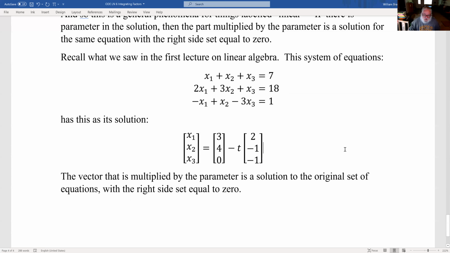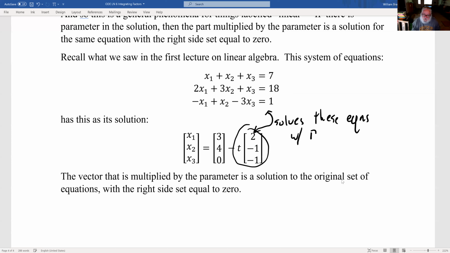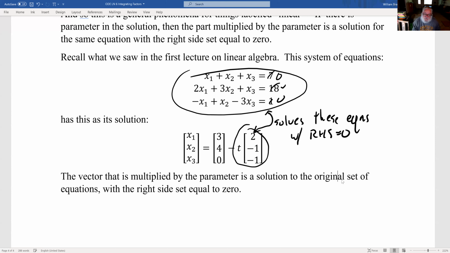If you take the part of the solution that's multiplied by the parameter, then this vector actually solves this system of equations, but with the right-hand side equal to 0. And we'll see this repeatedly as we go forward.